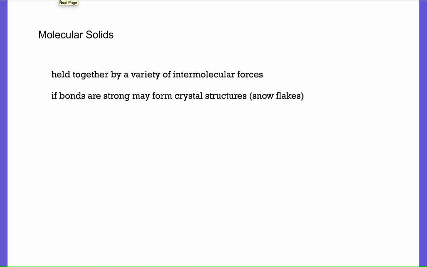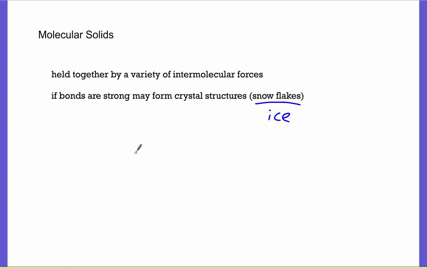Molecular solids, on the other hand, are held together by a variety of intermolecular forces. If bonds are strong, you should have crystalline structures, so you can have snowflakes. Again, we talked about water attracting other water molecules. If you have that water in a solid form, if you have ice, you're going to have a crystalline structure because of the same thing we just talked about.